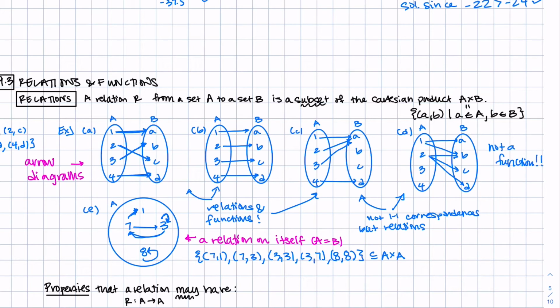Similarly with E, we can still talk about functions on themselves, but this is not an example of one because, for instance, the element 3 goes to both 3 and 7. So for that reason, this is not a function either.